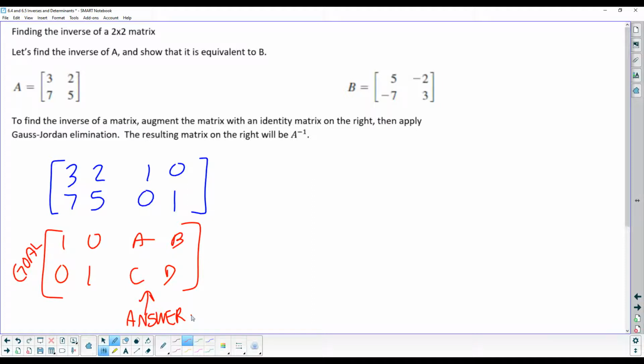If I times by a -2, these will be different by a 1. So what I'm going to actually do is switch the rows, which is an okay matrix operation to do. I'm going to switch the rows so that the 7 is on top, and then go from there. So switch rows. You can switch rows as long as you switch the entire row. Don't switch parts of rows, right? So it's going to be 7, 5, 0, 1.